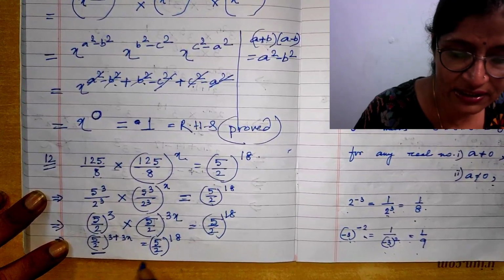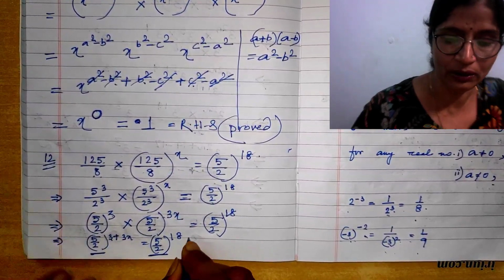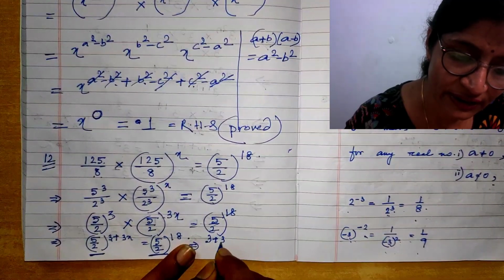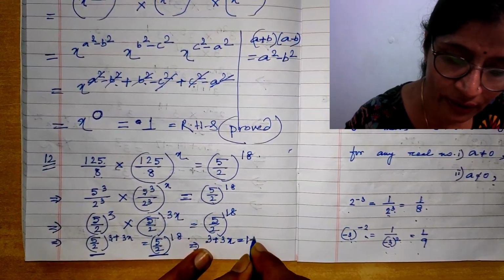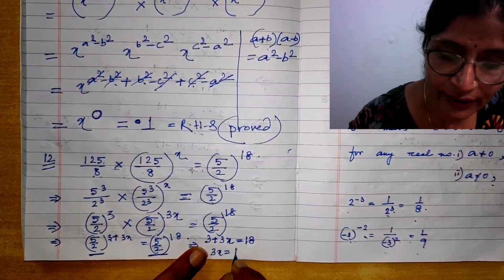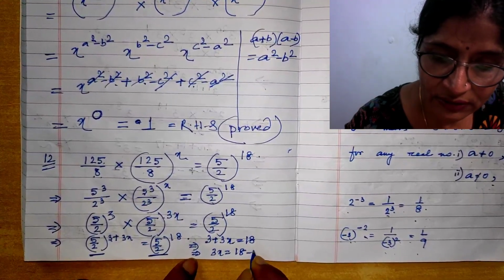Now since the bases are the same, the powers are equal, so I can say therefore 3 plus 3x is equal to 18, or 3x is equal to 18 minus 3.